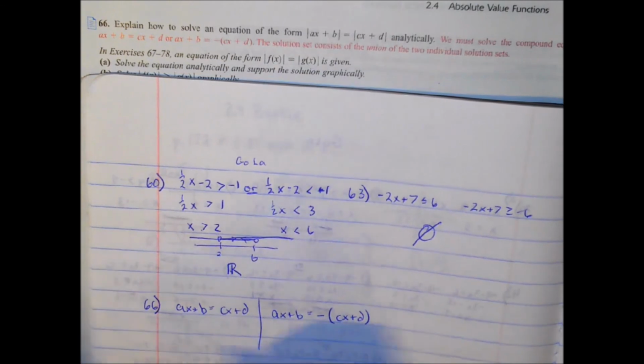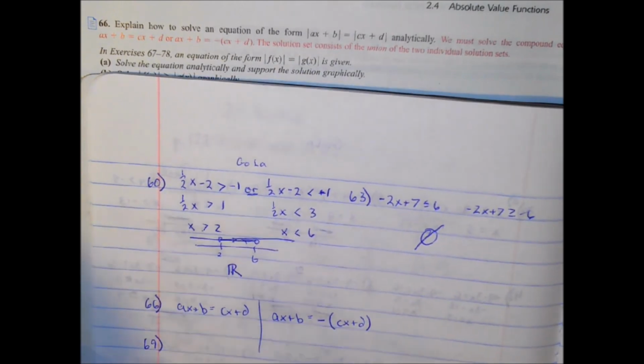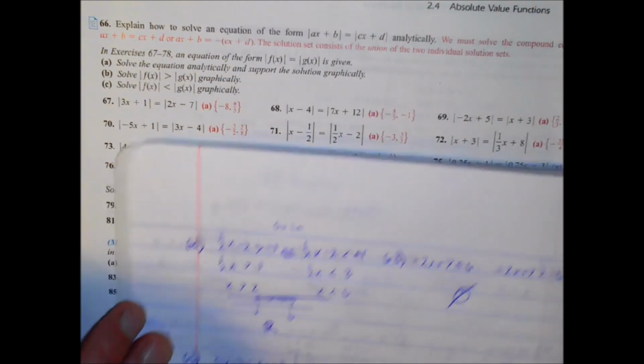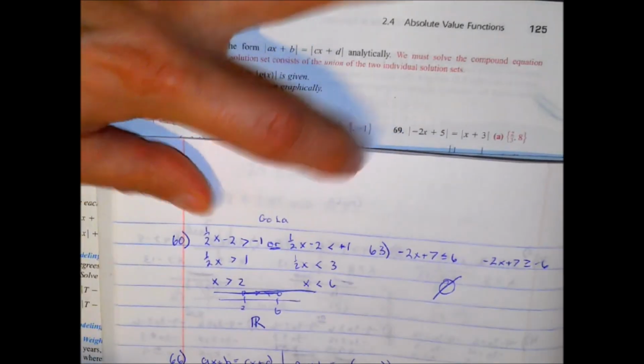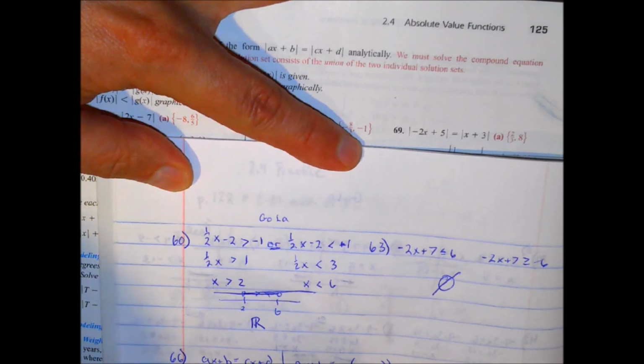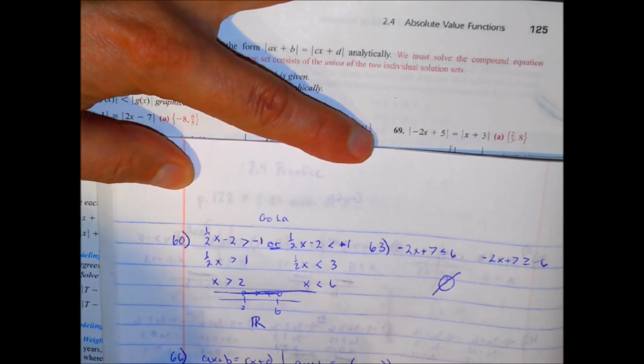69. Okay, so here we actually have to work this out. So we have negative 2x plus 5 will equal x plus 3. And the other equation is negative 2x plus 5 has to equal the opposite of x plus 3.